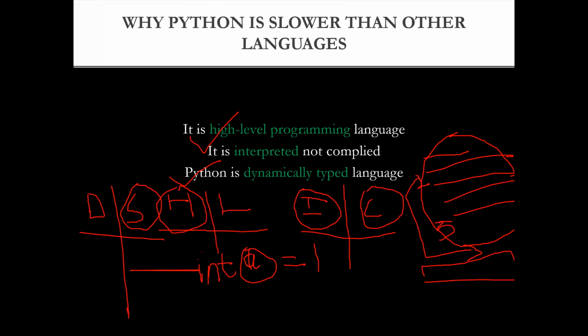That means we have to tell the compiler that whatever value this variable will be storing, it will be of integer type. If you have something like 1.1, you have to write float a is equal to 1.1.